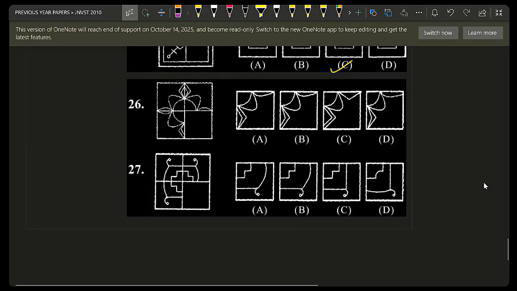So in order to fill it, we have to take care of everything. These lines are correctly matching in A, B, D, but C is not matching properly, so C is eliminated because of this region. In order to complete the circle, everything is filling the circle properly.